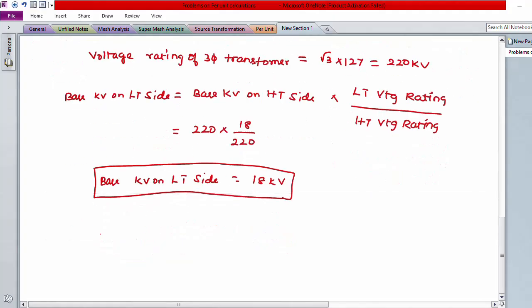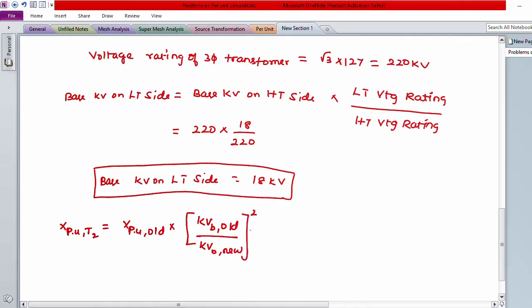So for transformer 2, we have to use the formula X per unit T2 is equal to X per unit old into (kVB old divided by kVB new) the whole square into (MVAB new divided by MVAB old).